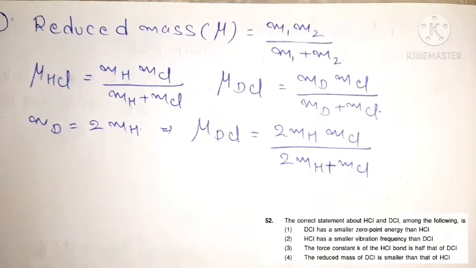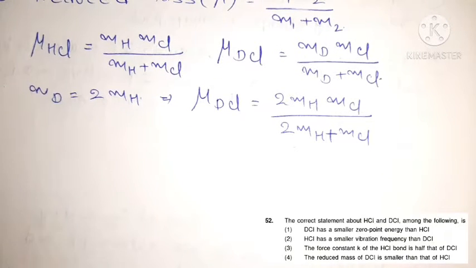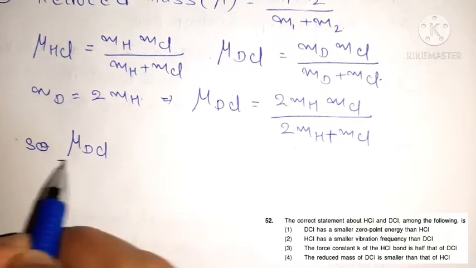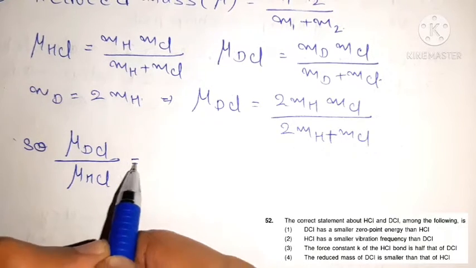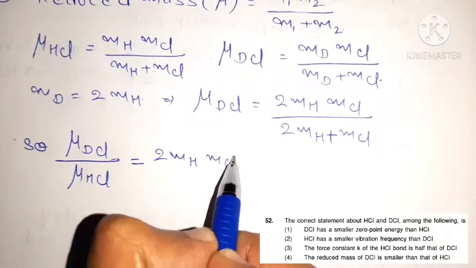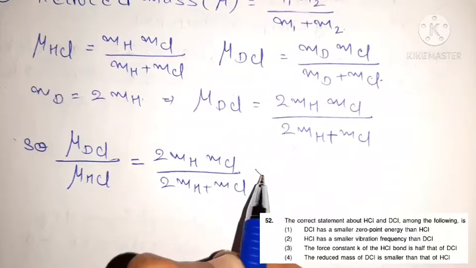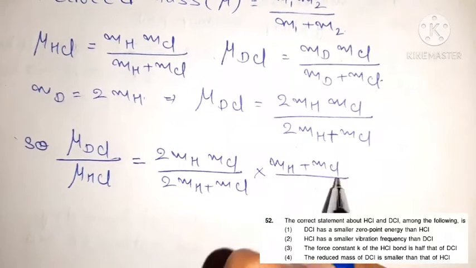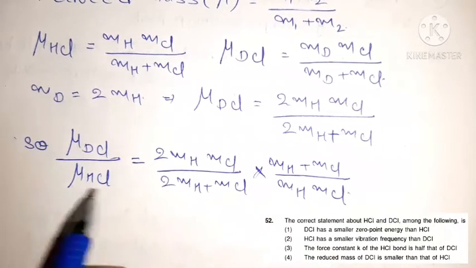Okay, now let's take the ratio of the reduced masses of DCl and HCl. So when you take the ratio of reduced mass of DCl and HCl, what we get? See, the reduced mass of DCl is 2 times MH multiplied by mass of chlorine upon 2 into mass of hydrogen plus mass of chlorine, multiplied by mass of hydrogen plus mass of chlorine upon mass of hydrogen into mass of chlorine. This is a simple calculation friends.